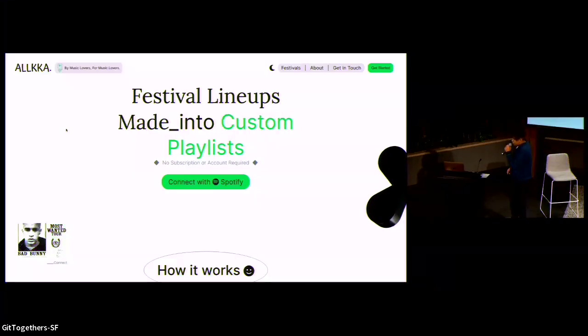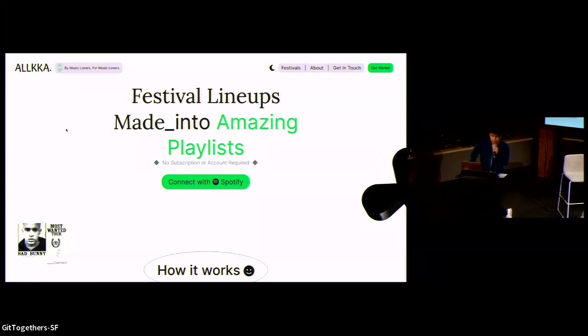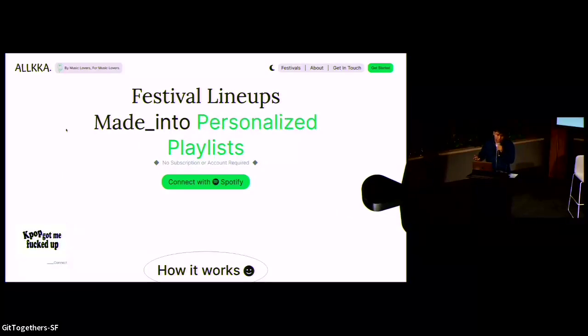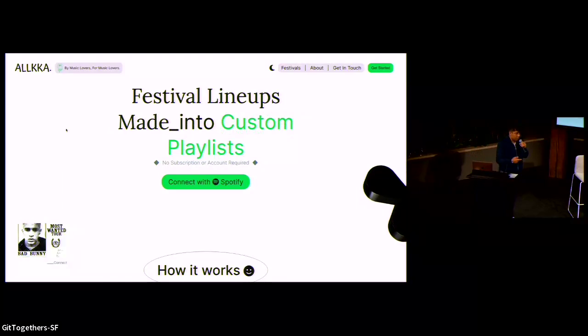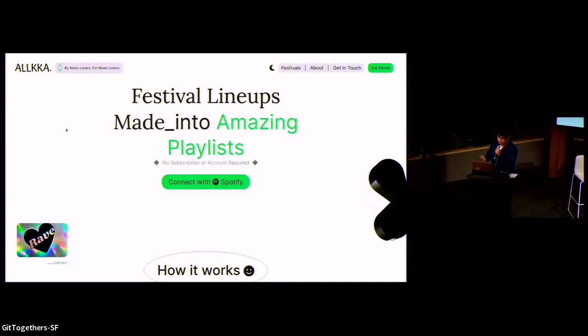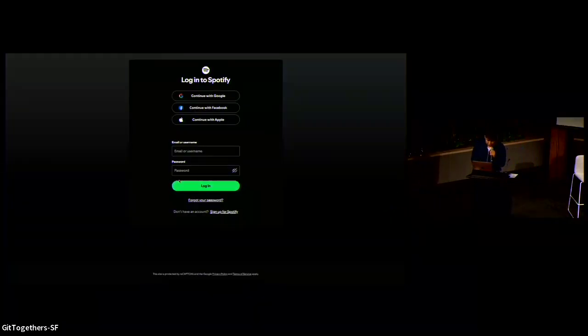This is thought for festivals like Coachella, where there are multiple genres playing. Say you are more into rock, less into pop, it gives you more of the rock artists that you like and fewer of the pop artists. So this is the best way to prepare for the festival.